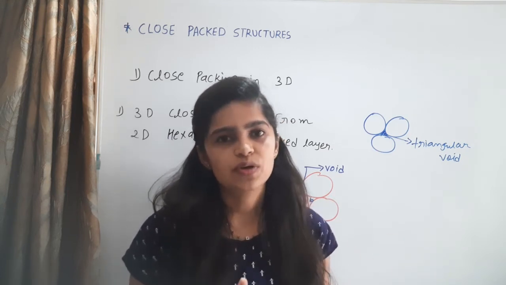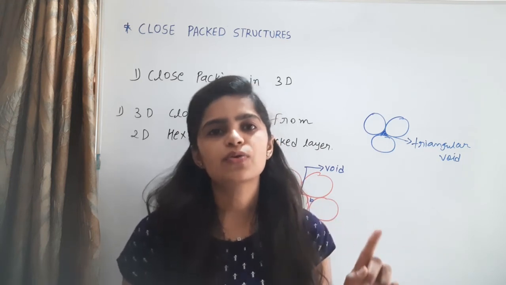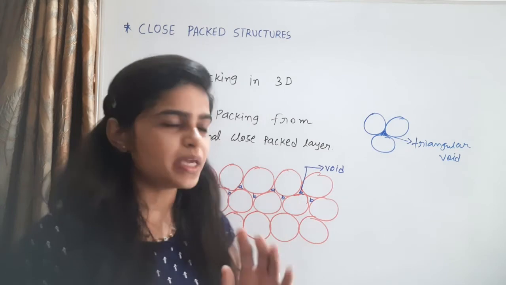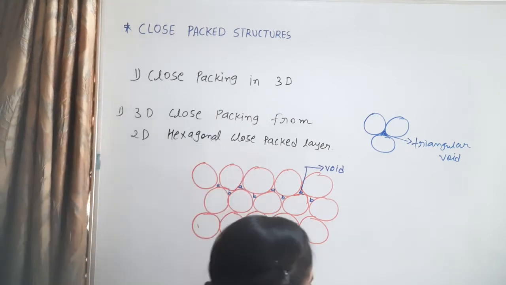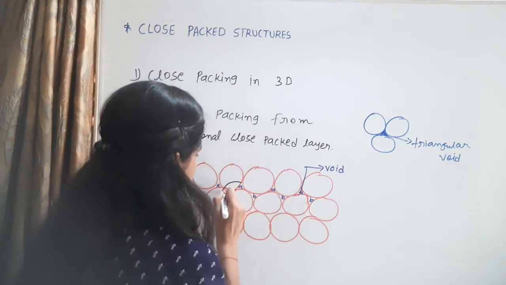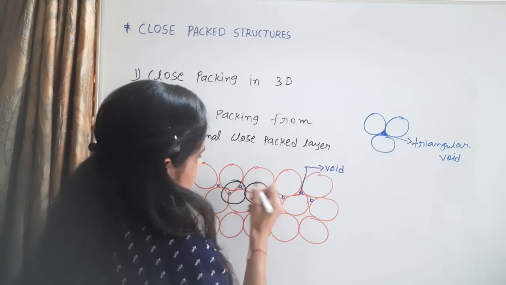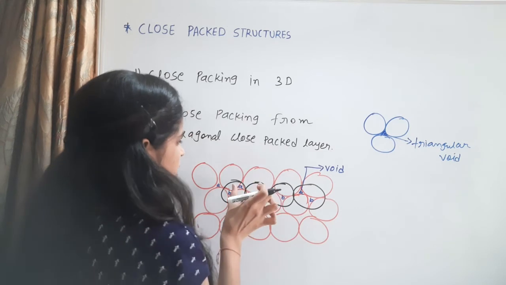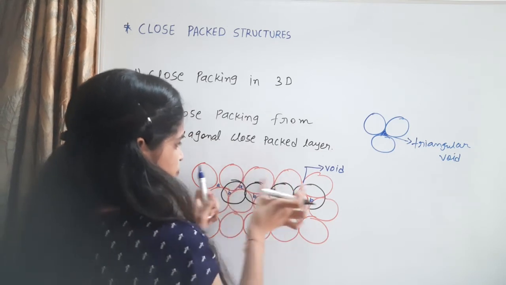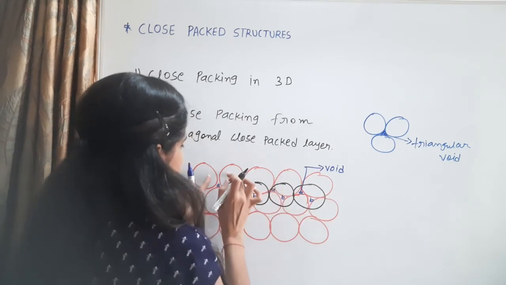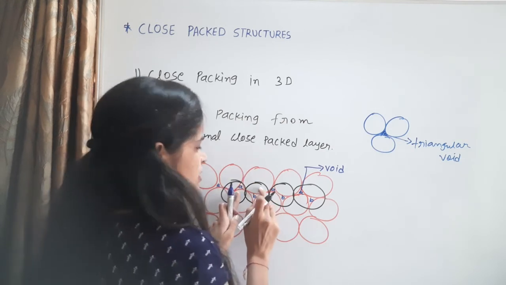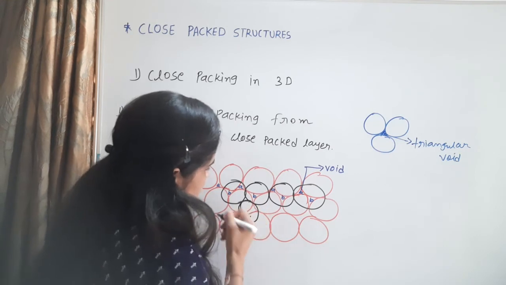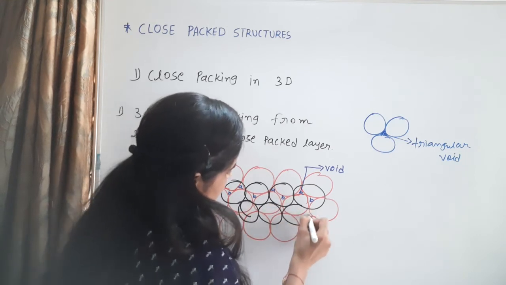Only one type of triangular void is used. First we consider triangular void B. For the second layer, this is the B. Start with this type. Then in the hexagonal first layer, the first row and second row are placed between the first.